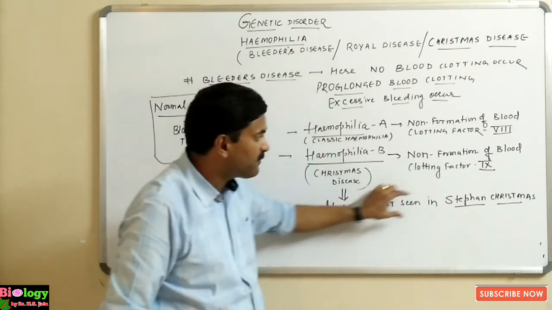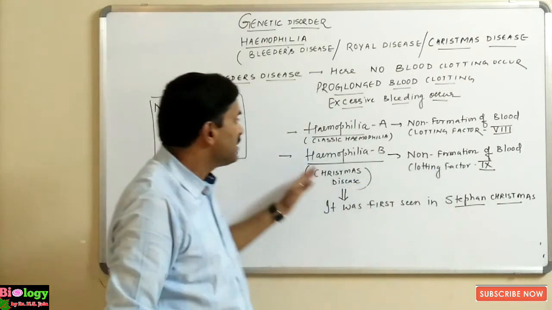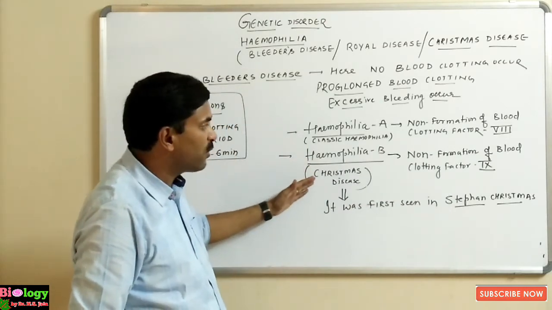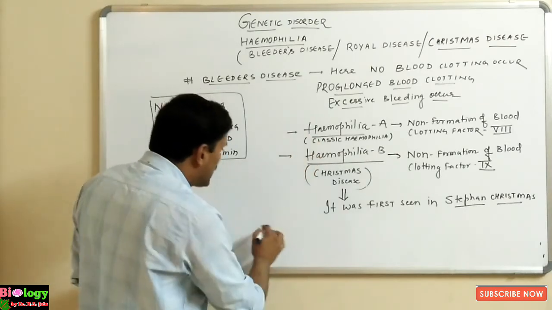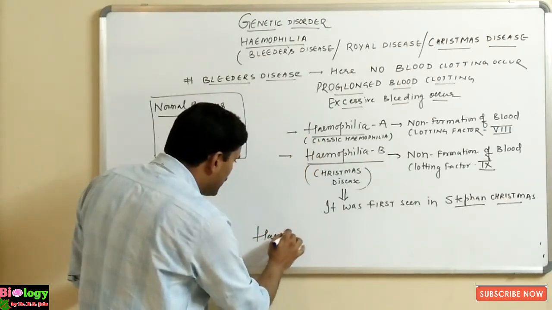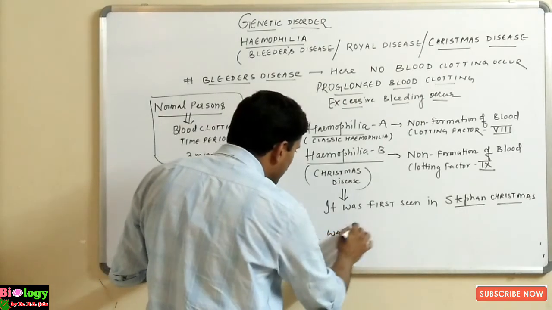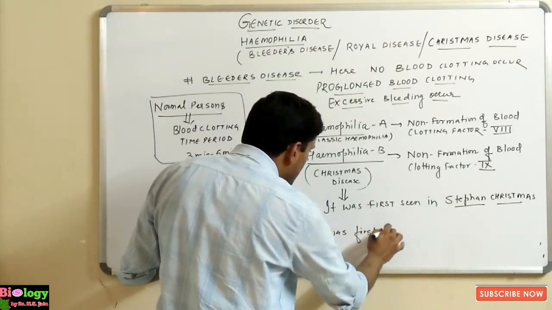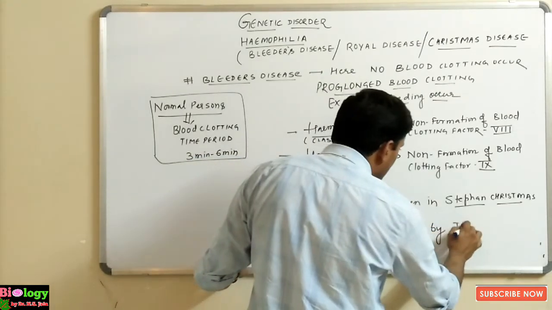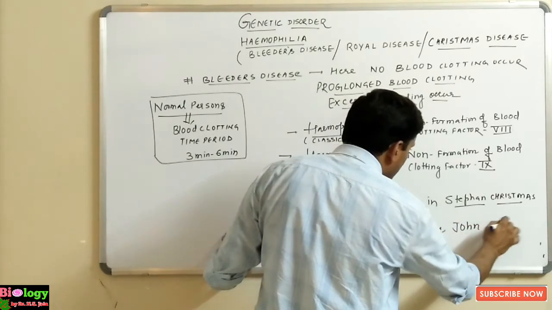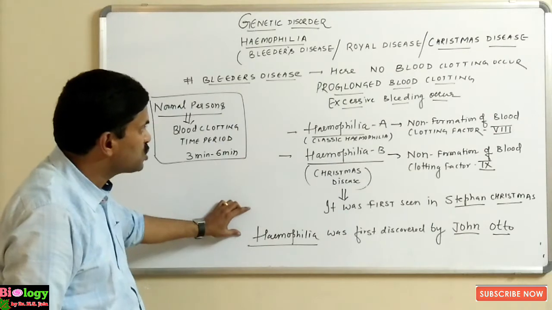Hemophilia B was first seen in a person named Stephen Christmas, and hence hemophilia B is also called the Christmas disease. Hemophilia was first discovered by John Otto.